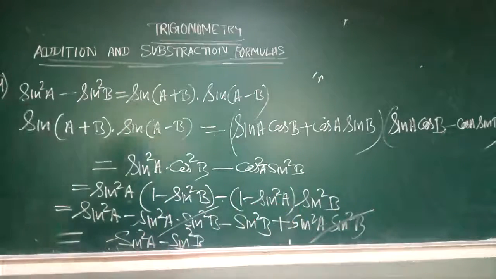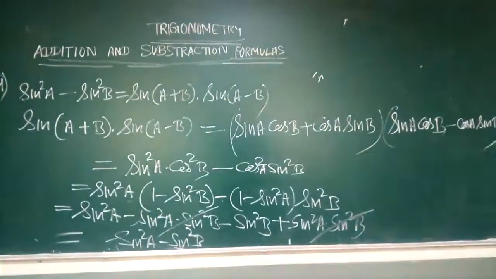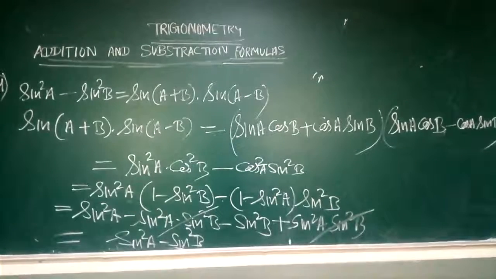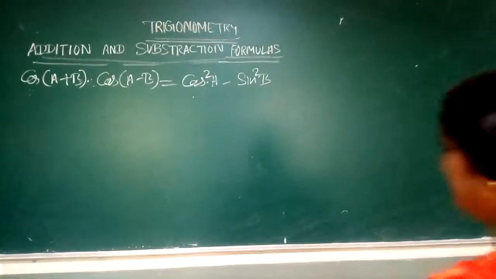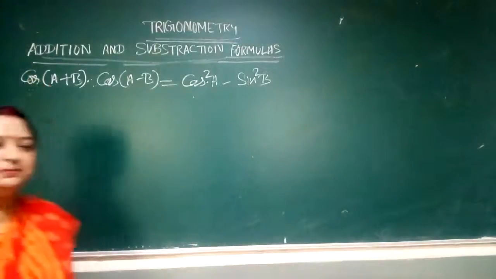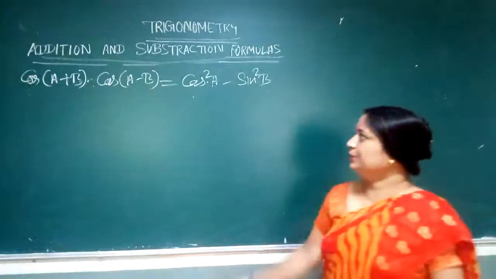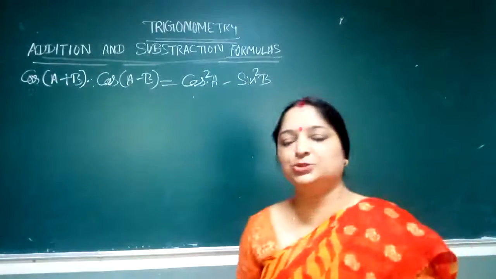Now the next formula is in the form of cos, that is cos square a minus cos square b. Now students, the next formula is cos of a plus b into cos of a minus b is equal to cos square a minus sin square b.